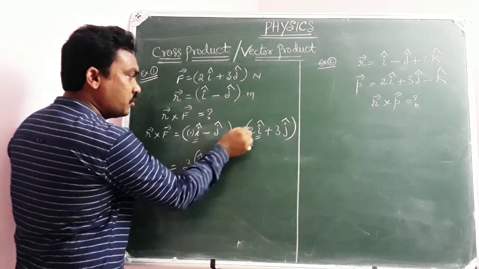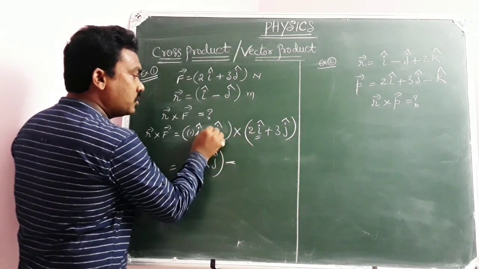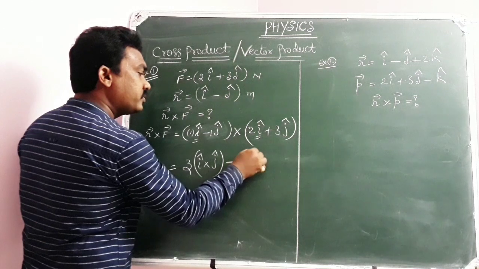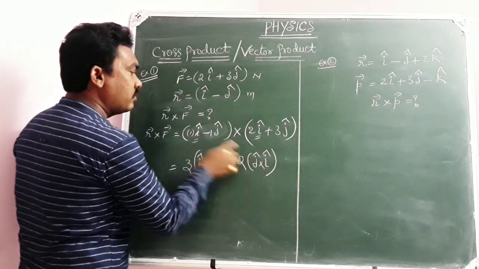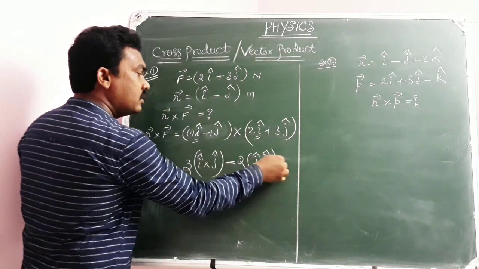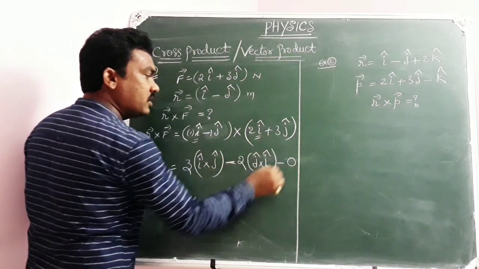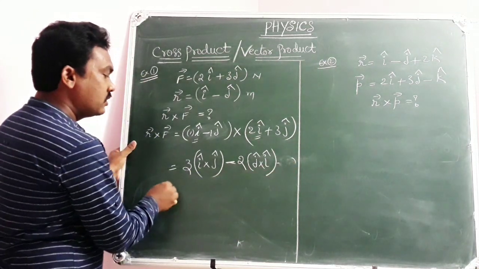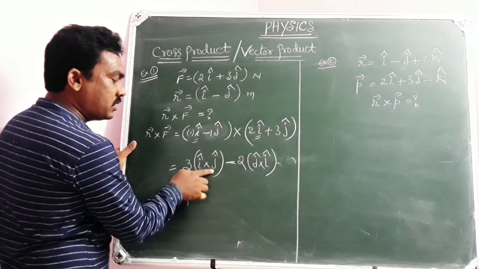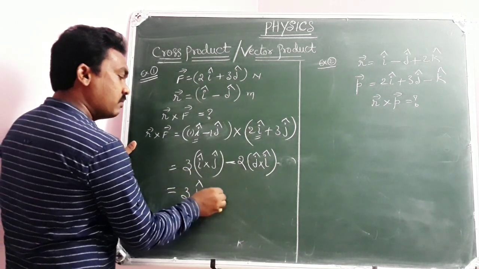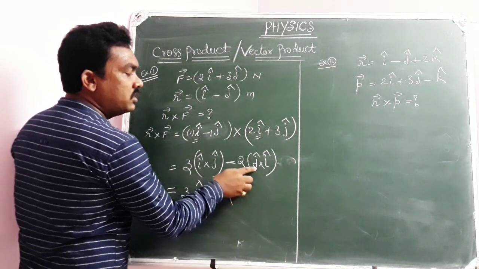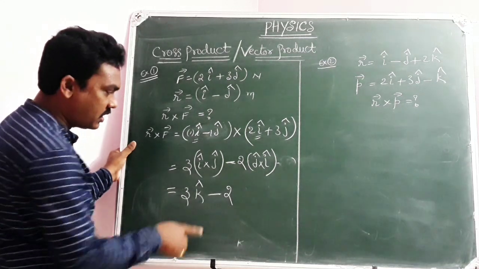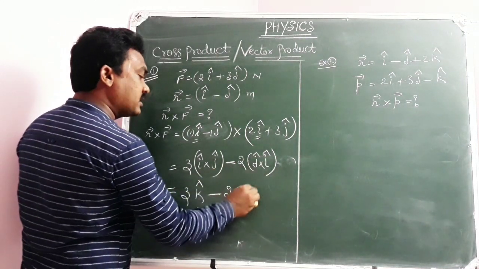Third term, minus 1 into 2, J cap cross I cap. Fourth term, J cap cross J cap, which is a zero vector, so you can remove it instead of writing 0 bar. So this is 3 I cap cross J cap, which is K cap, minus 2 into J cap cross I cap. I cross J is K, J cross I is minus K.